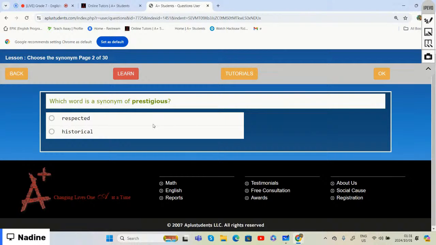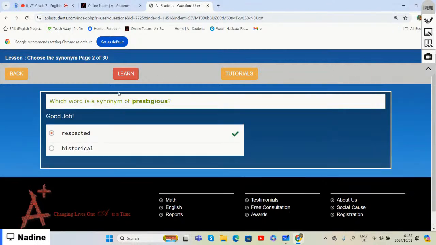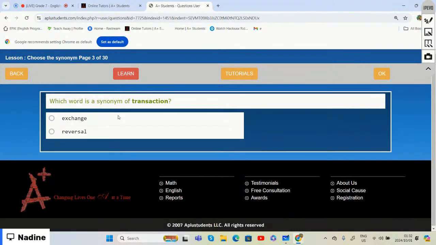And if we were to select the synonym of prestigious, then remember prestigious is where you are important, respected, right? That is prestigious. Celebrated.